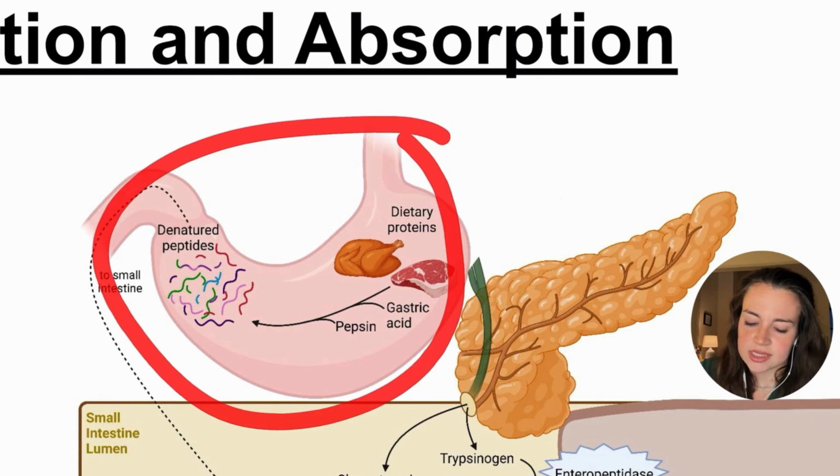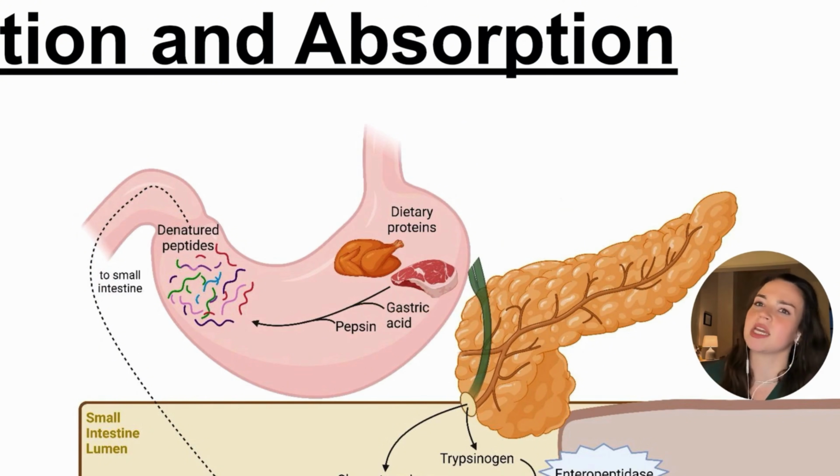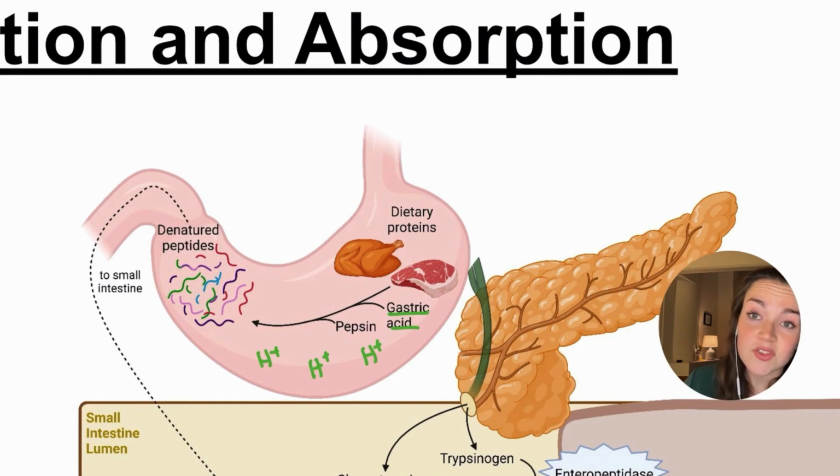All right, so here is the stomach, and here are the proteins we just took in when we ate a big protein-rich meal. Now, the stomach is full of gastric acid, and this acidic environment is very important for denaturing these dietary proteins. In the last video, I talked to you about primary, secondary, tertiary, and quaternary structure of proteins, and we had our crumpled up piece of paper showing the secondary, tertiary, and quaternary structure of a protein.